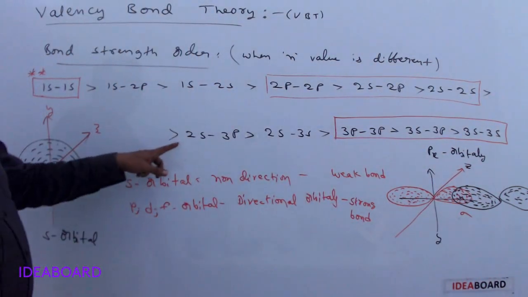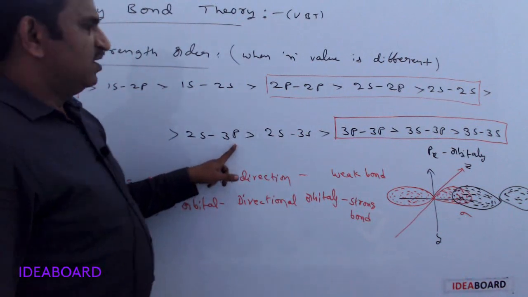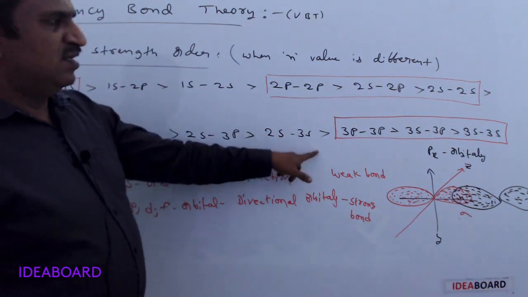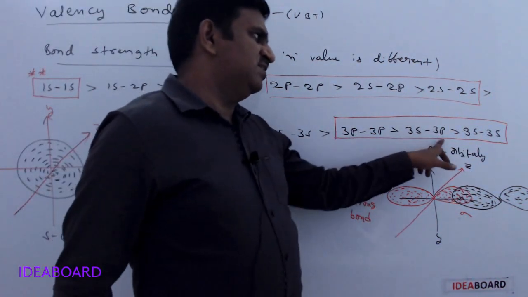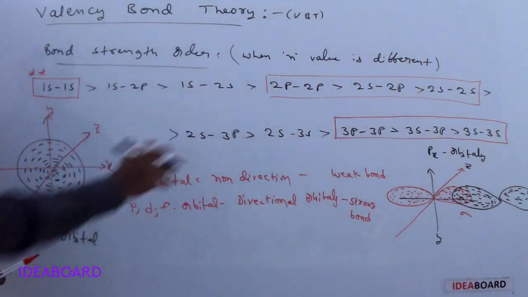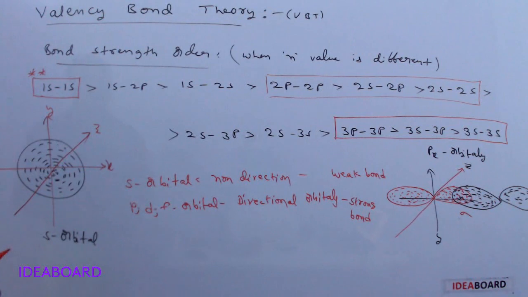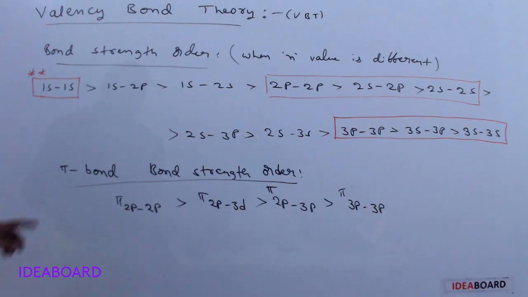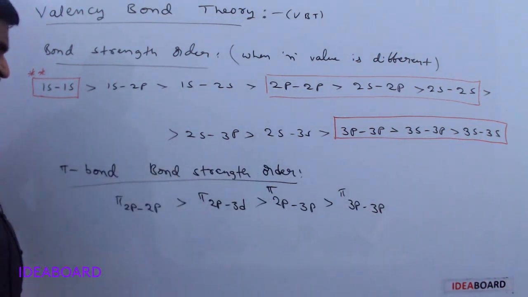After that, what are we getting? 2s3p and 2s3s, and then 3p3p, 3s3p, 3s3s. This is the bond strength order for sigma bonds, and for pi bonds also we have a bond strength order, which I will give. This is the bond strength order for pi bonds.